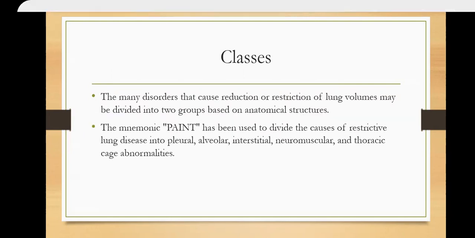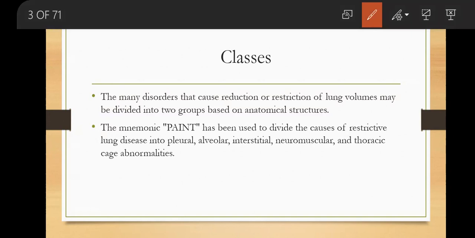P refers to the pleural, A refers to the alveolar, I refers to the interstitial, N neuromuscular, and T thoracic cage abnormalities. So the cause can be in the pleura, the alveoli, the interstitium, the neuromuscular junction, or the thoracic cage.